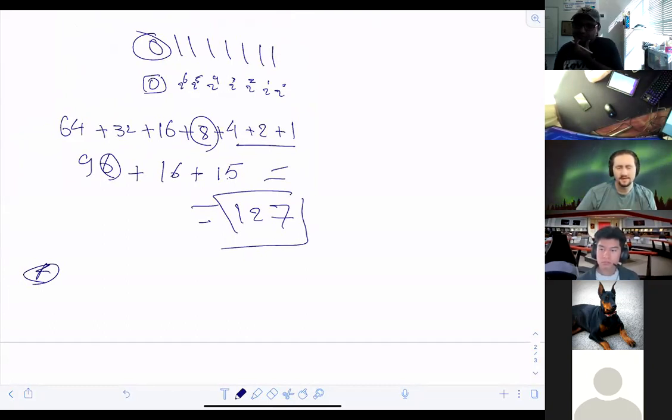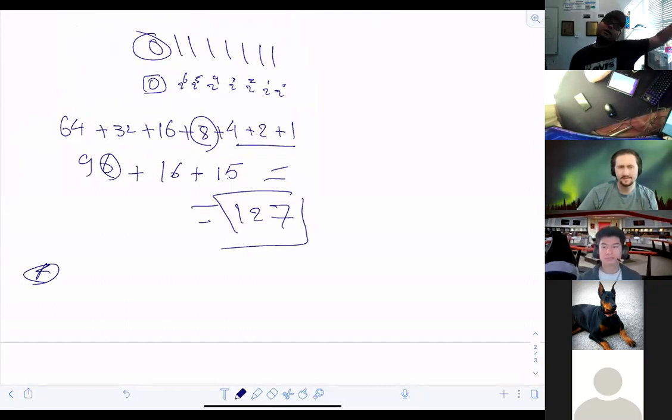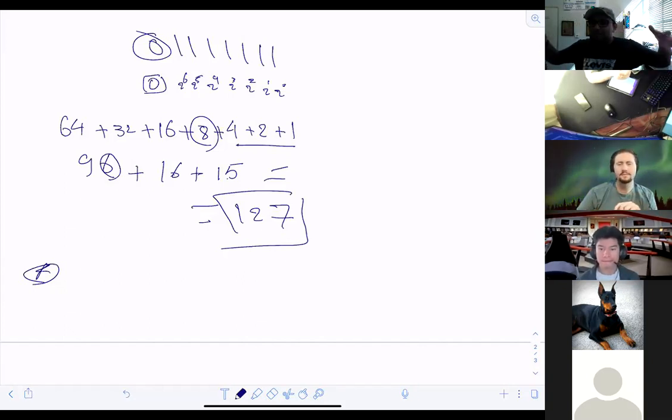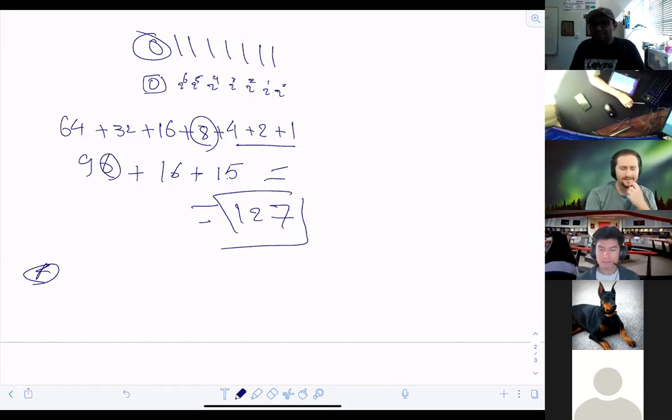But with signed, you're going to have negative 127, positive 127, and 0 in the middle, right? Right. So in total it will be the same number of numbers, but it gives you more varieties, basically.